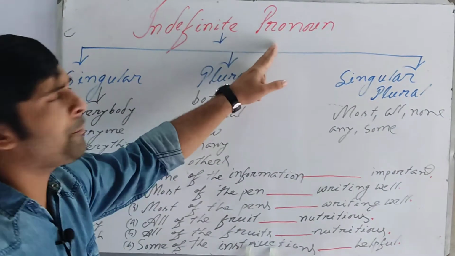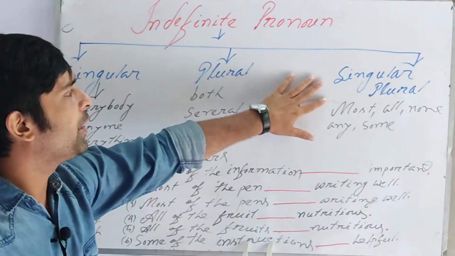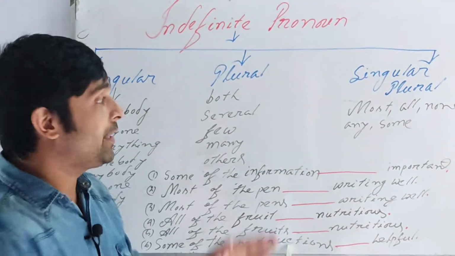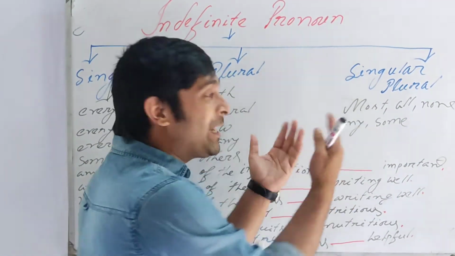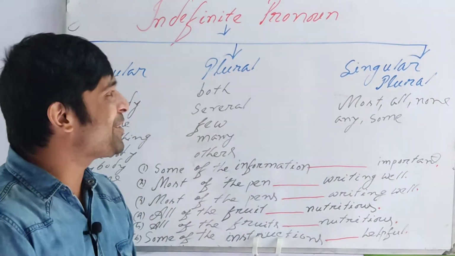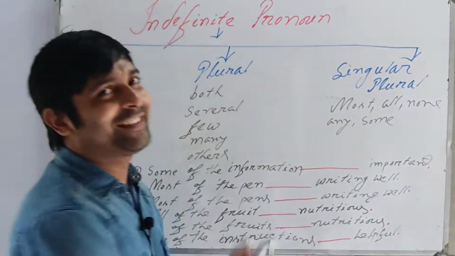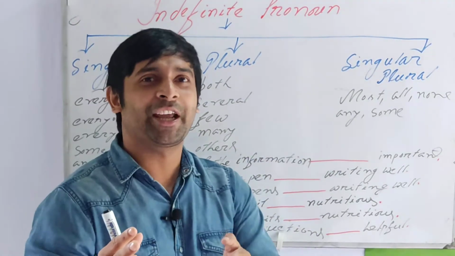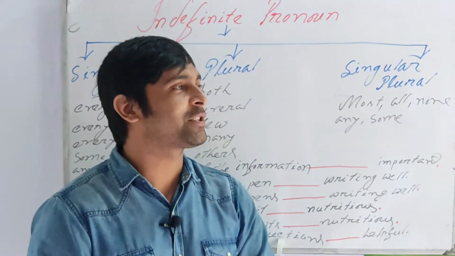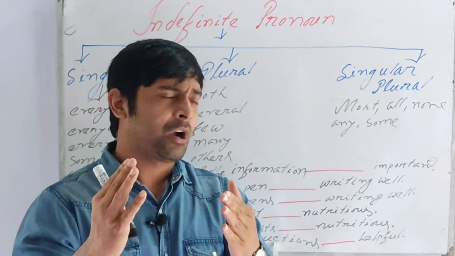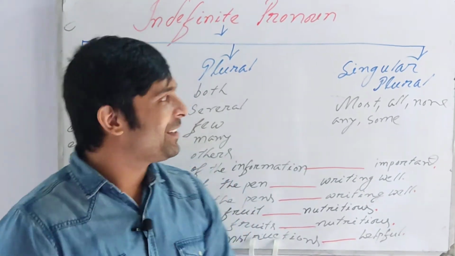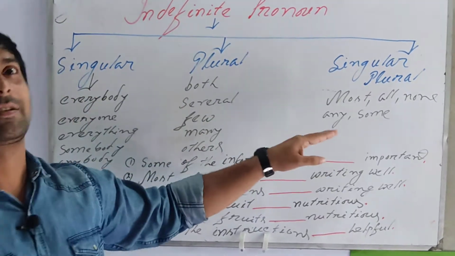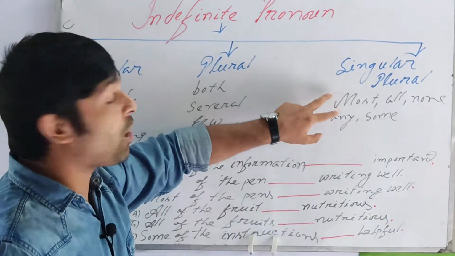So indefinite pronouns can be used in two ways. Sometimes they are singular and sometimes plural. That is one of the confusions that makes us so confused. So this is a very important thing, and we need to give importance to it. Those who are college going, school going or university going students, every student, and also those who are job seekers, have questions and they have to answer them.